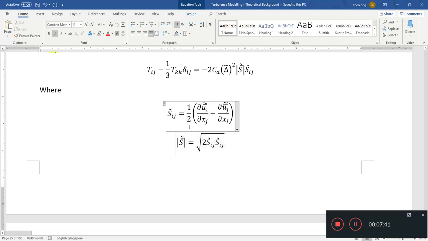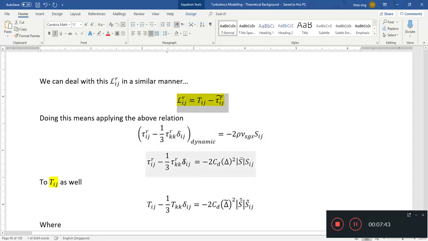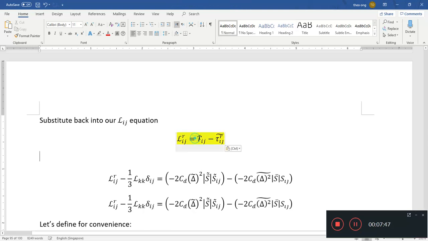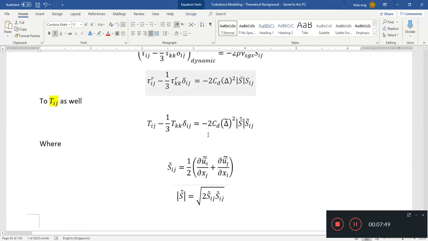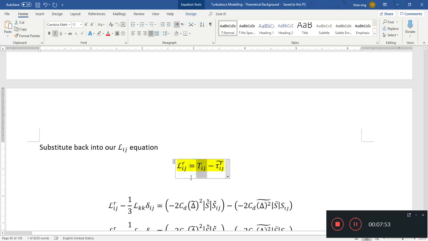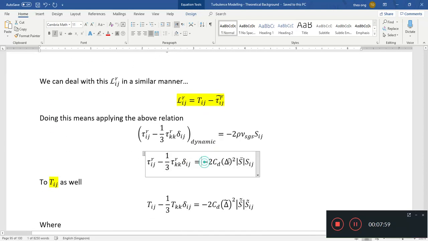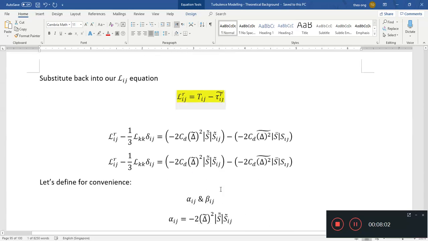Alright, so we substitute back into our Germano identity, which is like so. So Tij, we just copy and paste this one in here, and then the tau ij, you just copy and paste this thing into here.